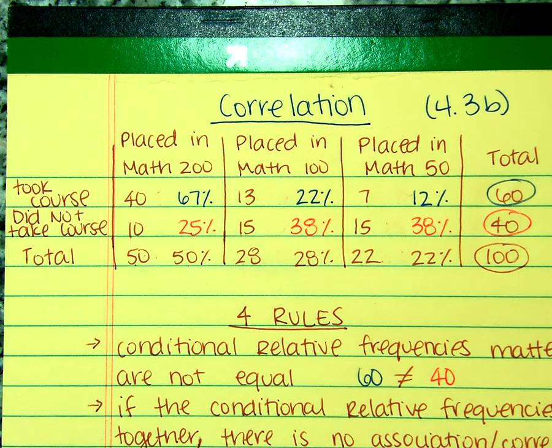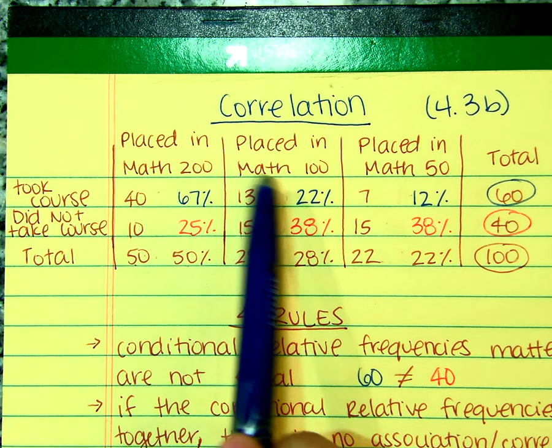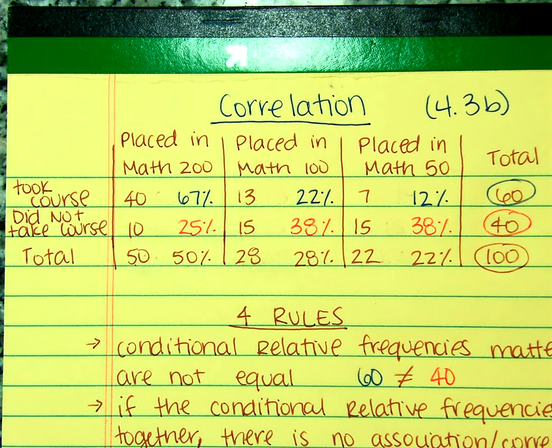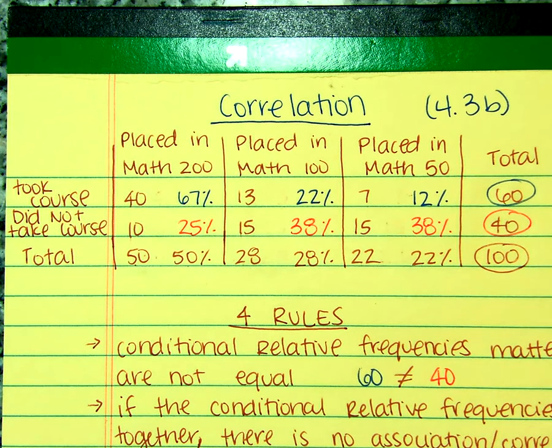However, do you think there's a causation? Do you think that because they took the course, they got placed in a higher math class? This is the trick. You might think that because there's a correlation, there's automatically a causation. This course caused them to get placed in a higher math class.